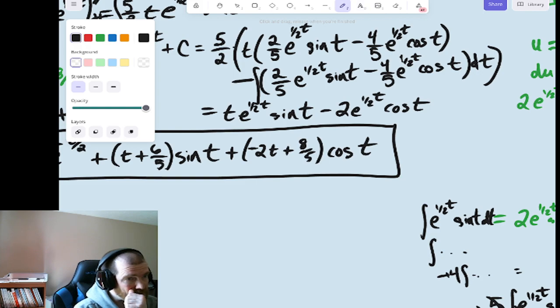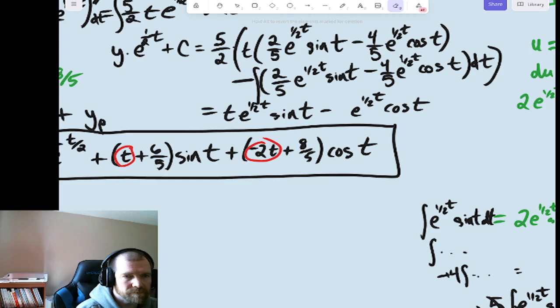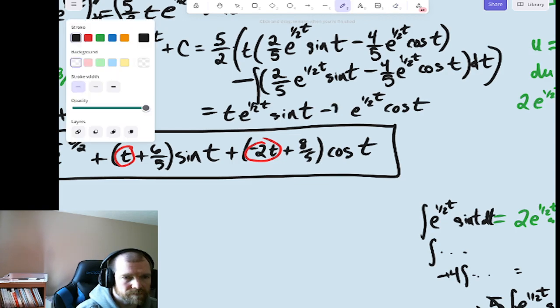And if we notice, right, this is working out so far, t and a negative 2t are going to... Yep, sorry, t came in. Alright, those are both there, so that's good.